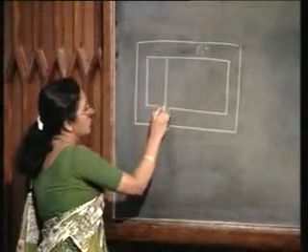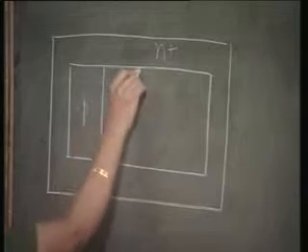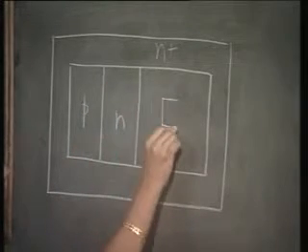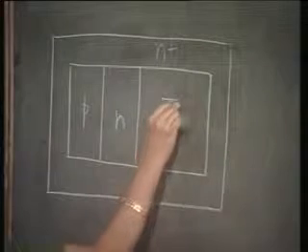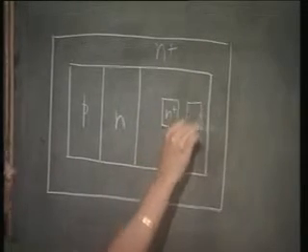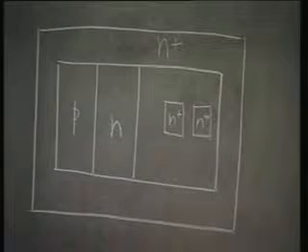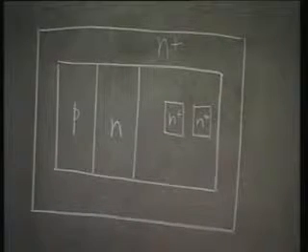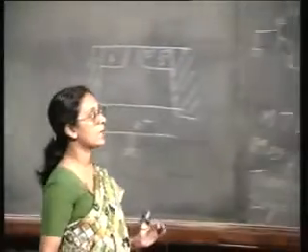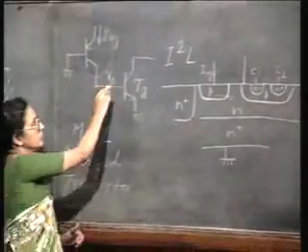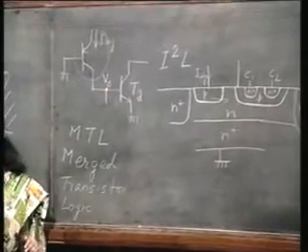So, this is my P, then this is my N, this is my P, in which I have this N plus regions, right. Remember, I must have a contact here. This is my output point.